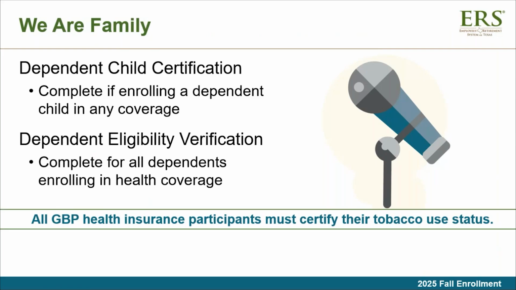If you don't submit that verification documentation in the time frame, they're going to be deemed as an ineligible dependent in ERS's system. And even though you've already had them covered on vision, once they're deemed ineligible, they're going to also be dropped off of vision insurance. So very, very important that you complete that verification process.